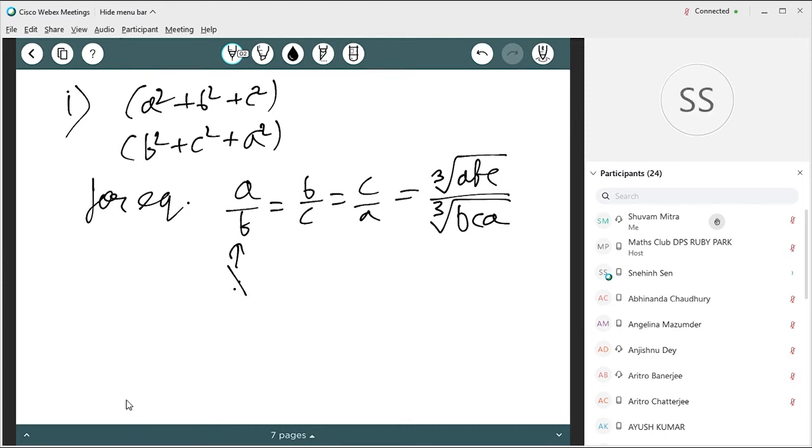We can't use AM-GM here. Why AM-GM? It's an equality, it's not a sum. We just want to show that these three quantities, if equal, are also equal to this quantity, and it's equal to 1.